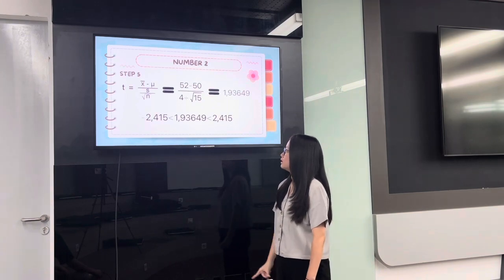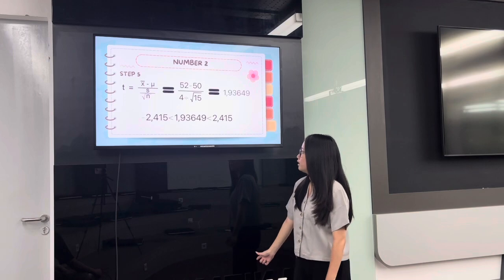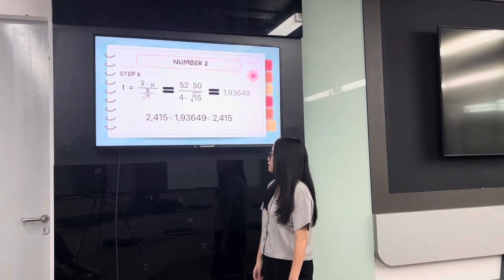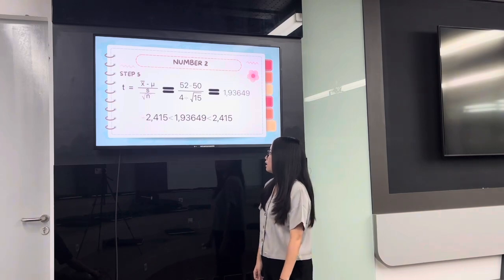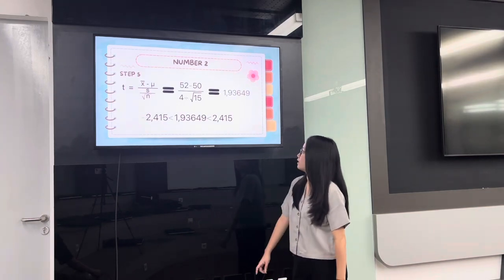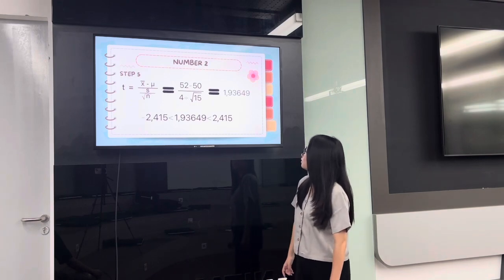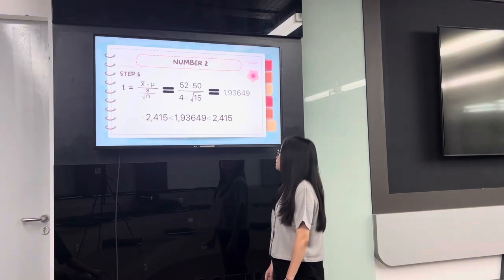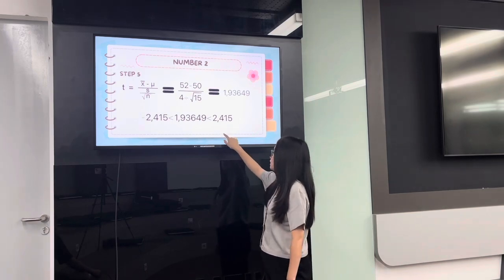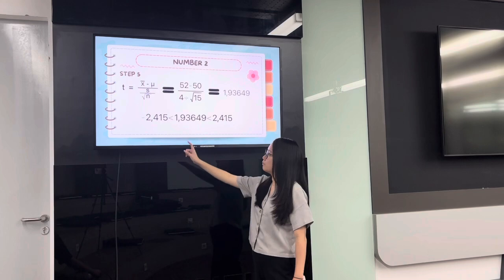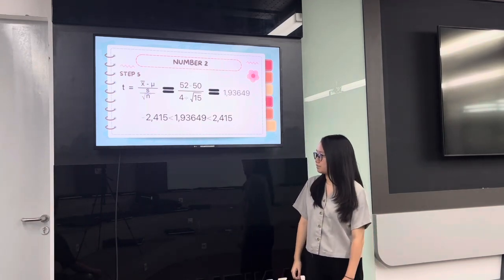Step 5 is to calculate with this formula. So the x-bar is 52, the mu is 50, the standard deviation is 4 divided by the square root of n, and n is 15. So the value is 1.93, and 1.93 is smaller than 2.145 and greater than minus 2.145.